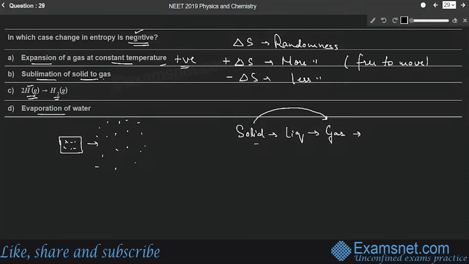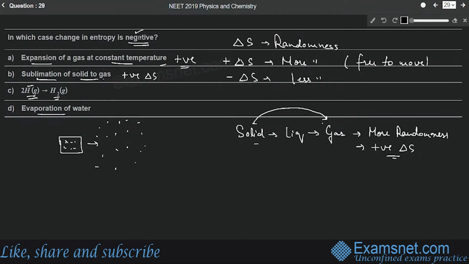So this will lead to more randomness of particles. Again, there will be positive delta S value, that means positive entropy. Okay. So here you can see sublimation means what? Conversion of solid to gas. So obviously it will lead to positive delta S. So this is also not negative, right?